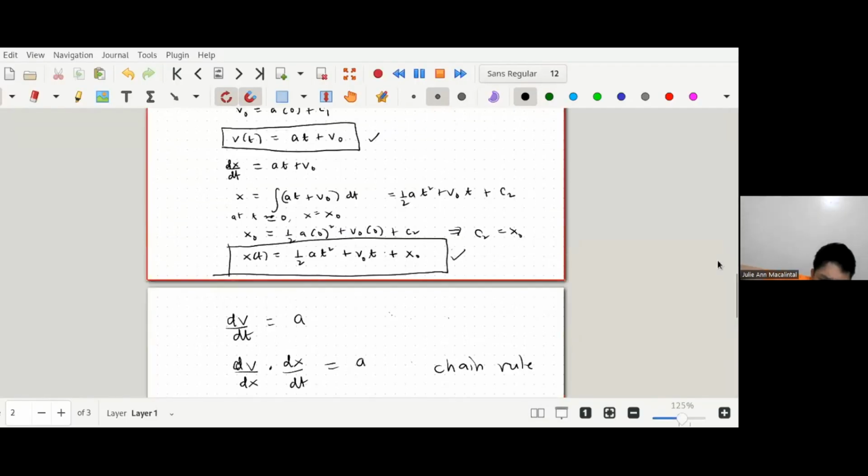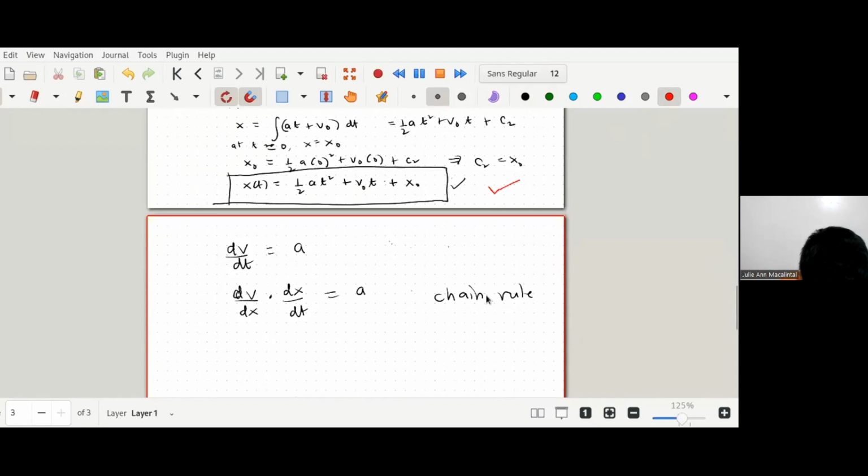So, yung part na to, just before yung chain rule, naabutan mo ba? Yung ano po? So, hanggang saan tayo umabot? Yung kasi equation yung nagputol. So, yung etong equation na to, okay lang.